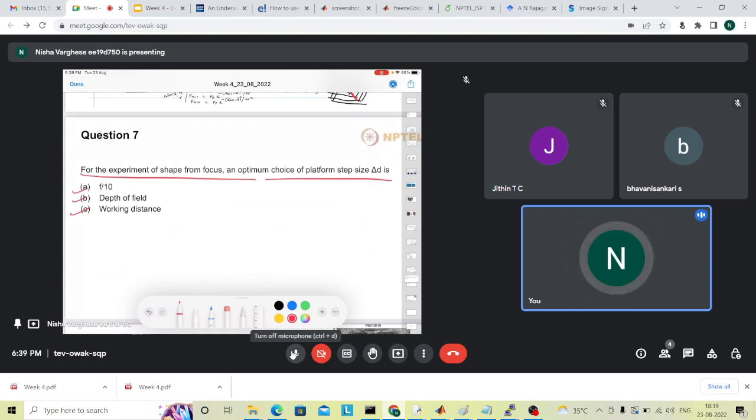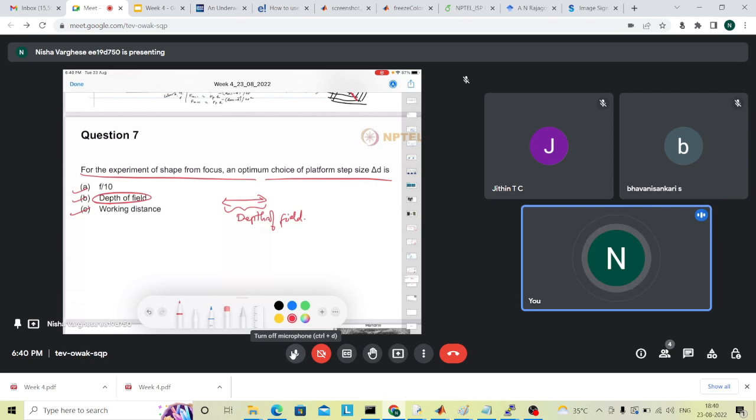So what is depth of field? Depth of field is the portion of the 3D world that has the same focus value. So the step size should not be smaller than the depth of field, because if we shift within the depth of field itself, we'll get the same focus measure at some of the points, which is not required.